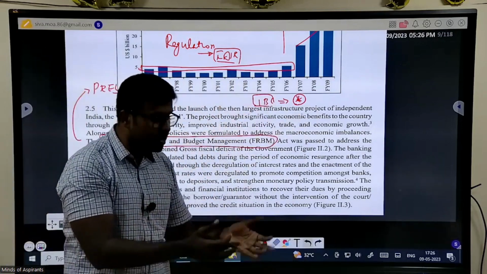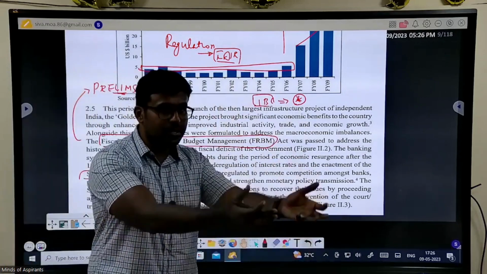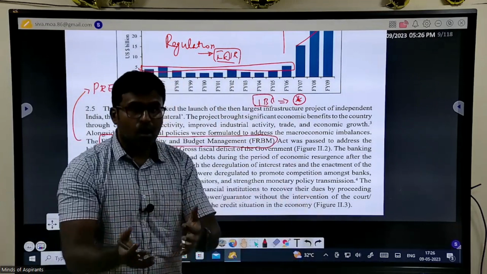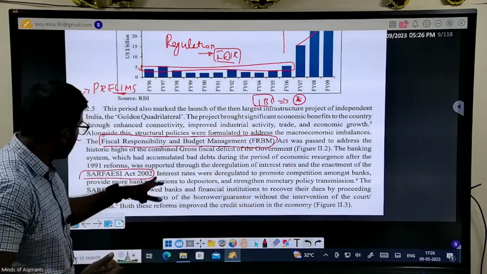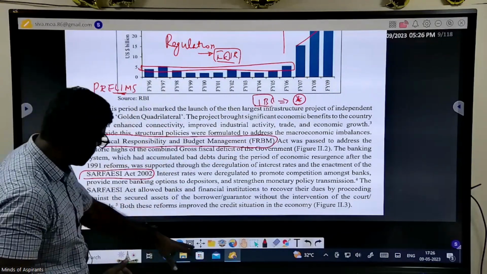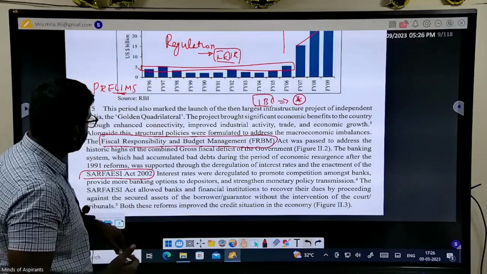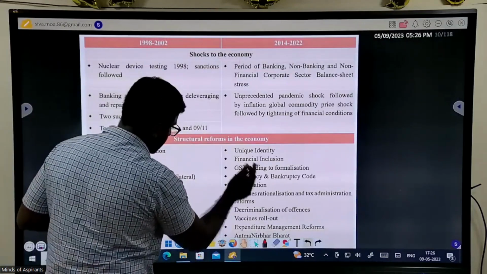But the land will be there, the things will be there, the factory will be there. You have to sell it to a proper person to operate, or you have to get back the money. So this is the Insolvency and Bankruptcy Code. These are steps which resulted in improved conditions.